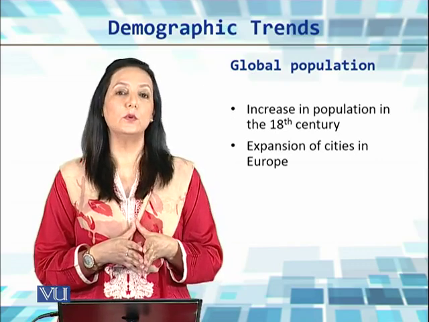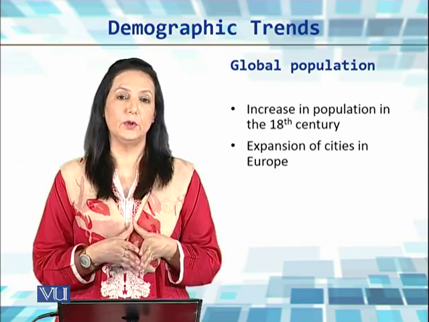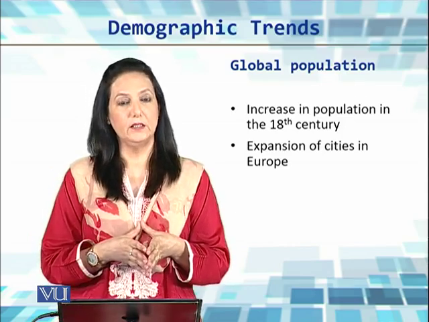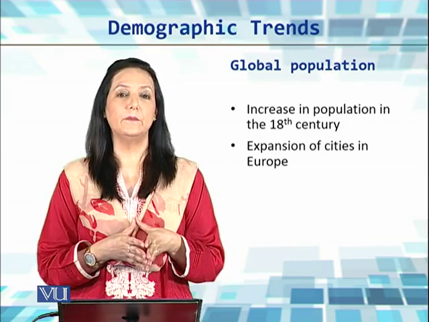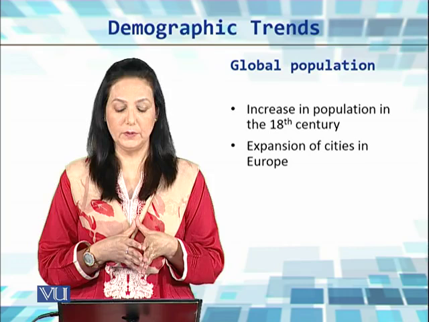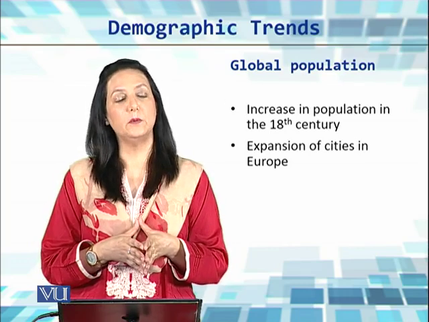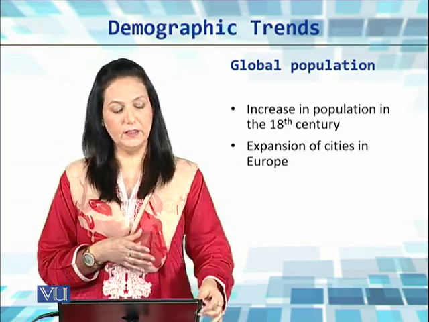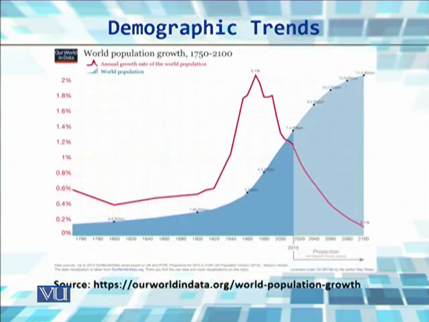And also the improved healthcare. Because of the improved healthcare, there was a decrease in mortality. So lots of people were moving to cities in Europe, and the cities were expanding, which means there was very rapid urbanization taking place in Europe in those days.